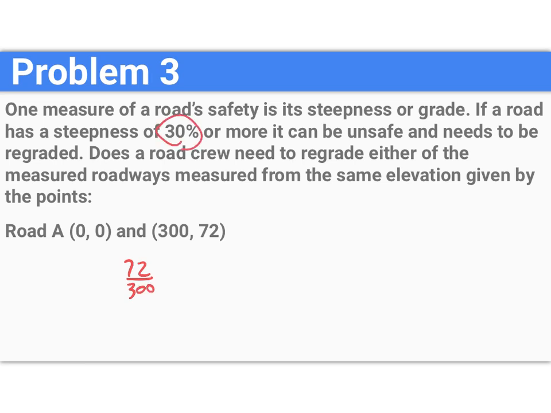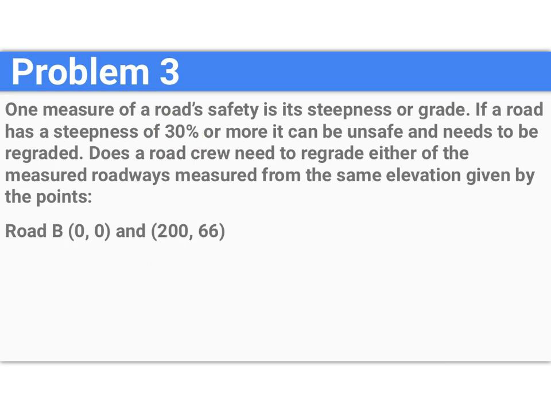Since we're dealing with a percentage, we actually have to find the decimal value. 72 divided by 300 is 0.24. So this road has a steepness grade of 24%, and technically it is safe. Technically. That's a little steep.